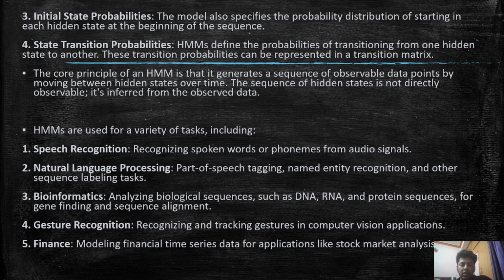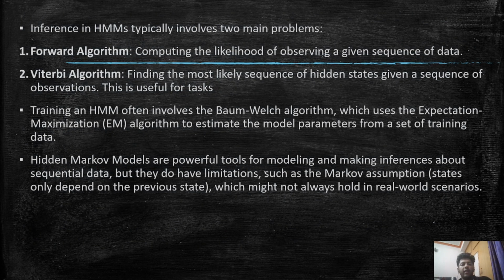And gesture recognition is also one of them, recognizing and tracking gestures in computer vision applications. And the last one being finance, modeling finance time series data for applications like stock market analysis, wherein you don't know the hidden data or the upcoming transition elements.